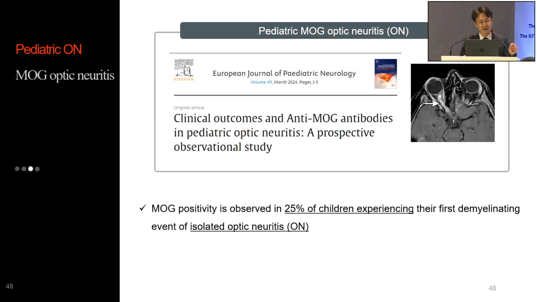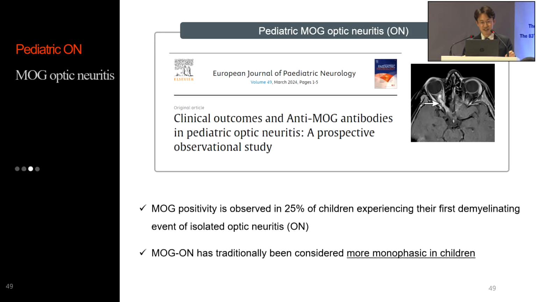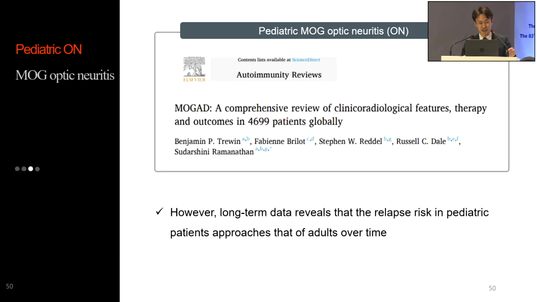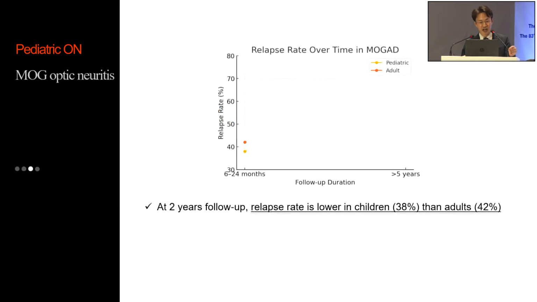MOG positivity is observed in 25% of children experiencing their first demyelinating event of isolated optic neuritis. MOG optic neuritis has traditionally been considered more monophasic in children. However, long-term data reveals that the relapse risk in pediatric patients approaches that of adults over time.